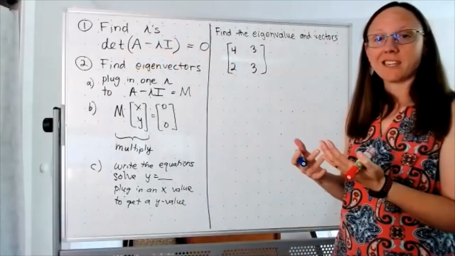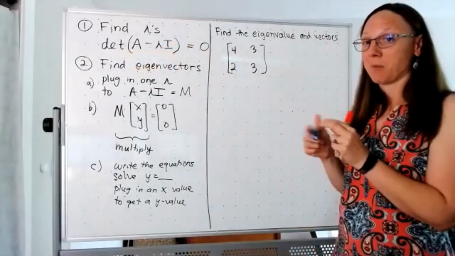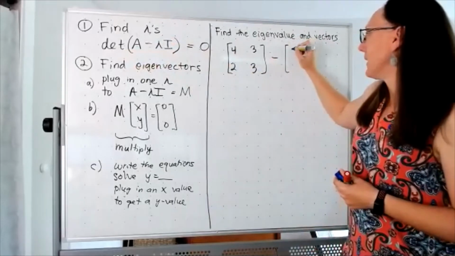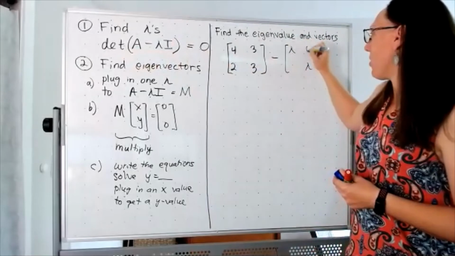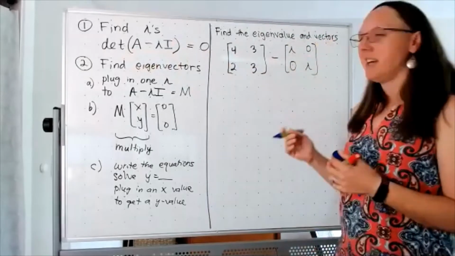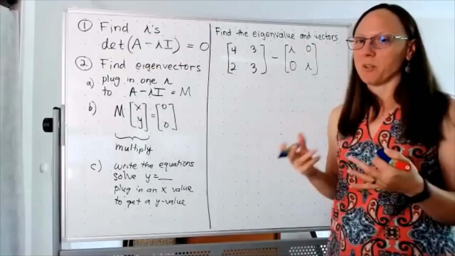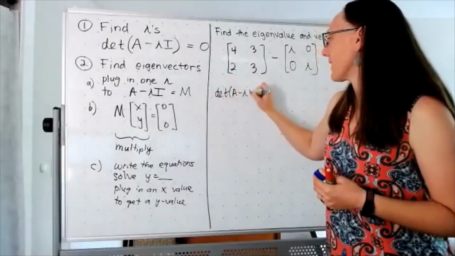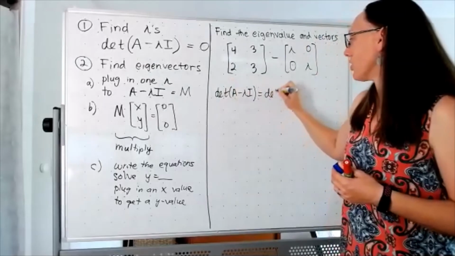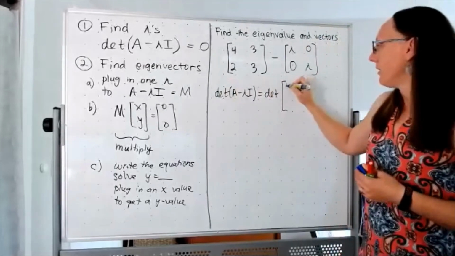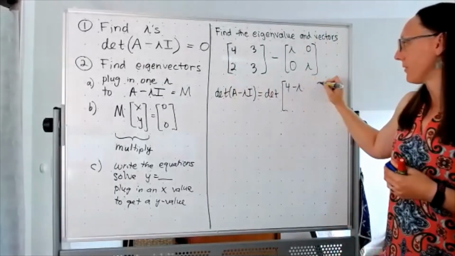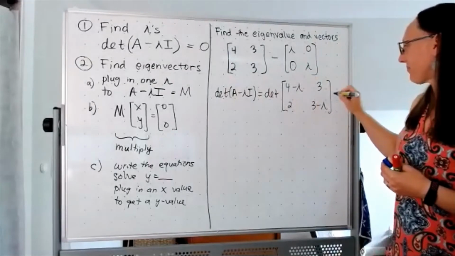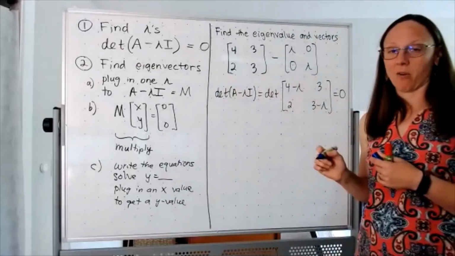After you do a bunch of these, you can probably skip the step of writing out the matrix with lambdas on the diagonal, because you can do that part in your head. So our determinant of A minus lambda I looks like the determinant of 4 minus lambda, 3, 2, and 3 minus lambda. We're going to set that equal to 0.